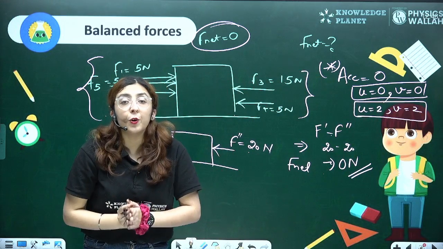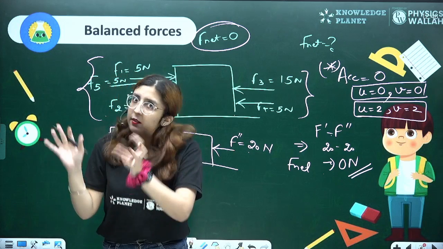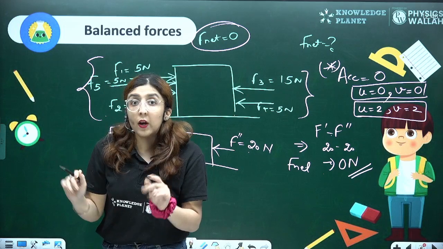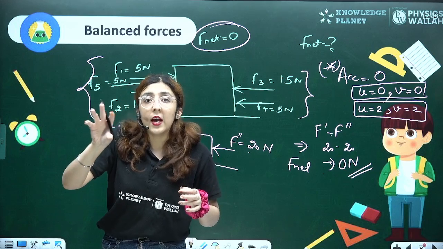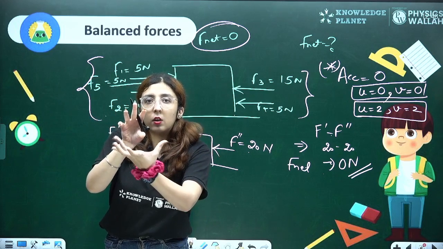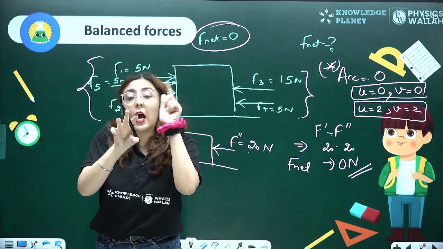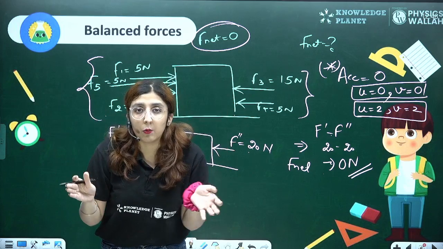So if the object is at rest and balanced forces are applied, F net is 0, so yes, the body won't move. If initially the body was in motion and forces are acting on the body, and they are balanced in nature, they are not going to affect its motion, because the forces are balanced out.